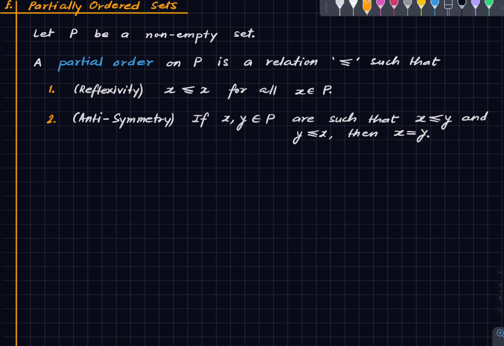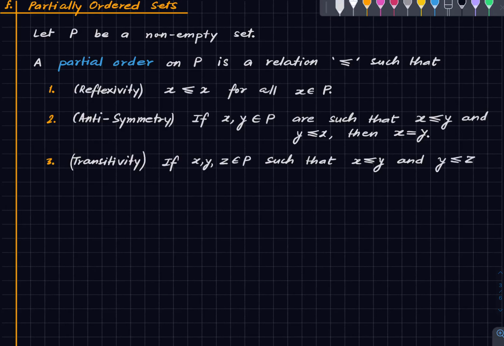And the last property is transitivity. If x, y, z are in P such that x is less than or equal to y and y is less than or equal to z, then x is less than or equal to z. Right.